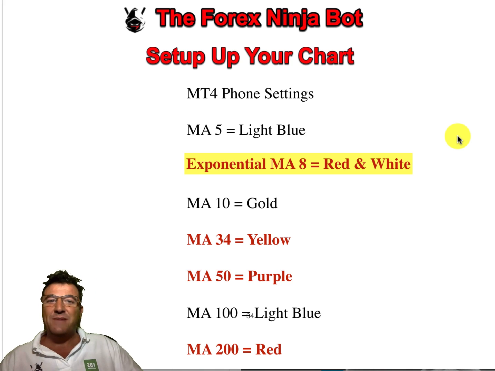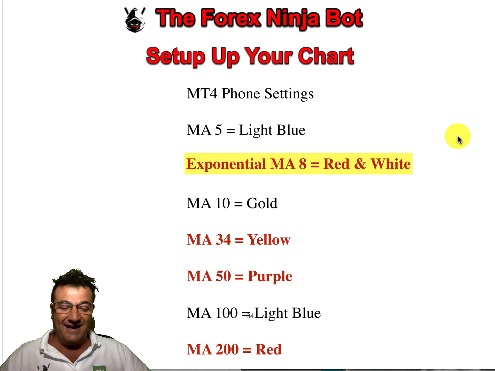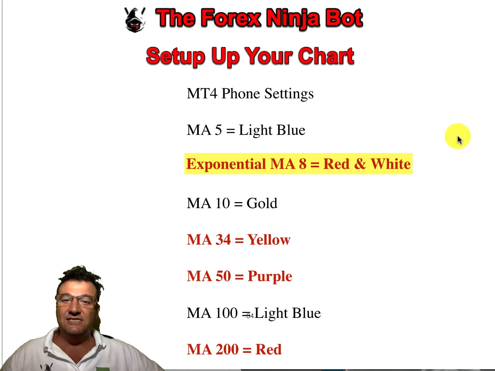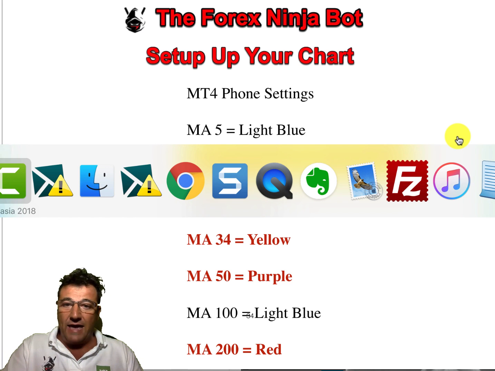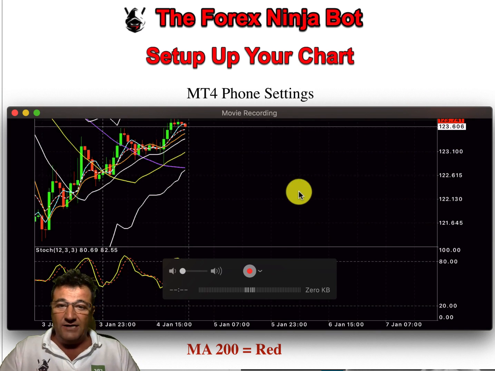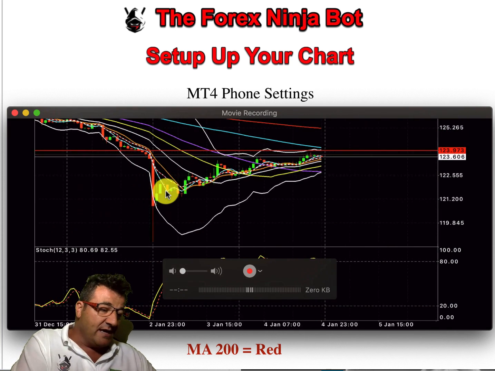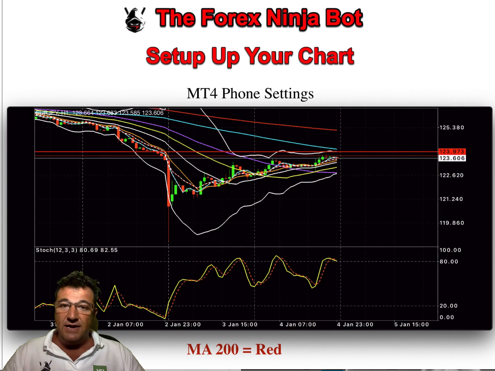It freaks me out every time I watch the chart and see the price behaving the way it's behaving. Let's have a look at a chart, and you'll notice that the price generally seems to hug these moving averages.